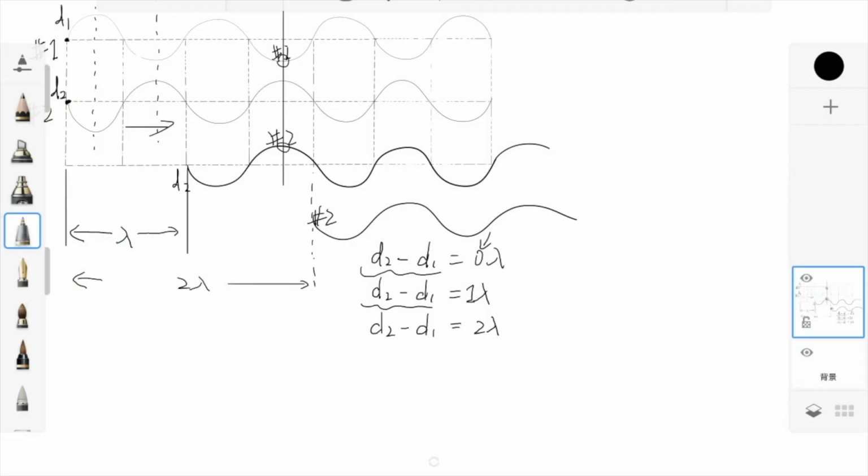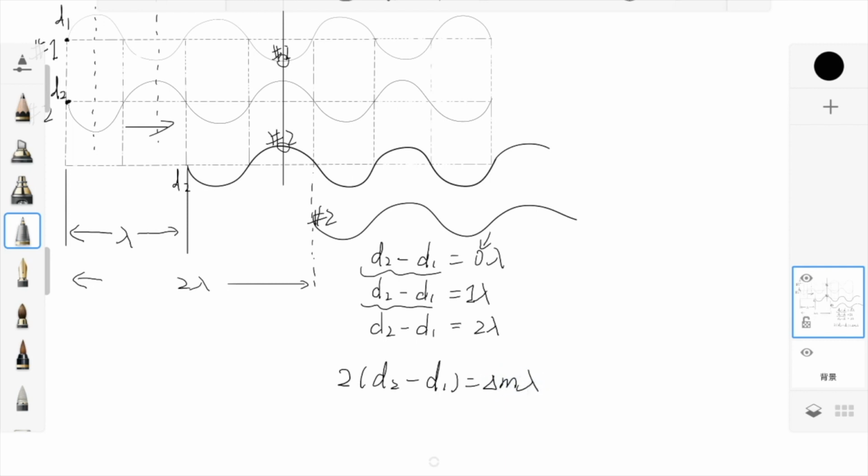In our handout, we define D1 as the initial location and D2 as the final location. So we have the formula 2 times (D2 minus D1) equals delta m times lambda.